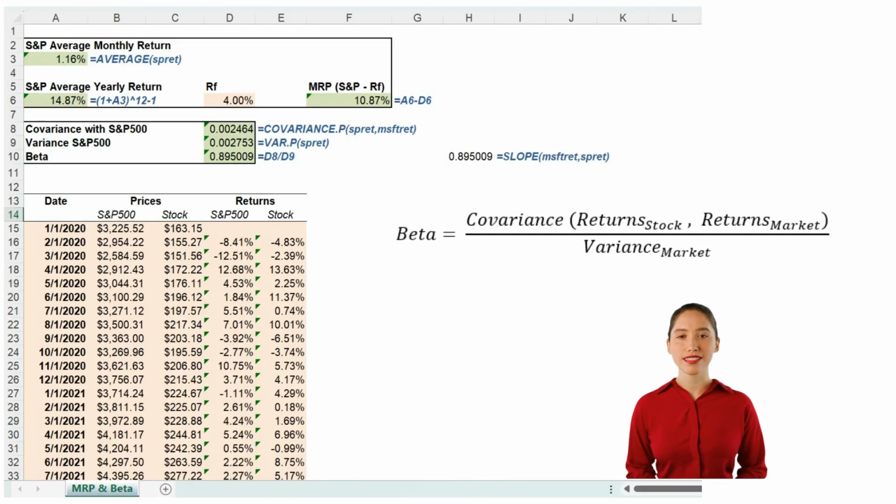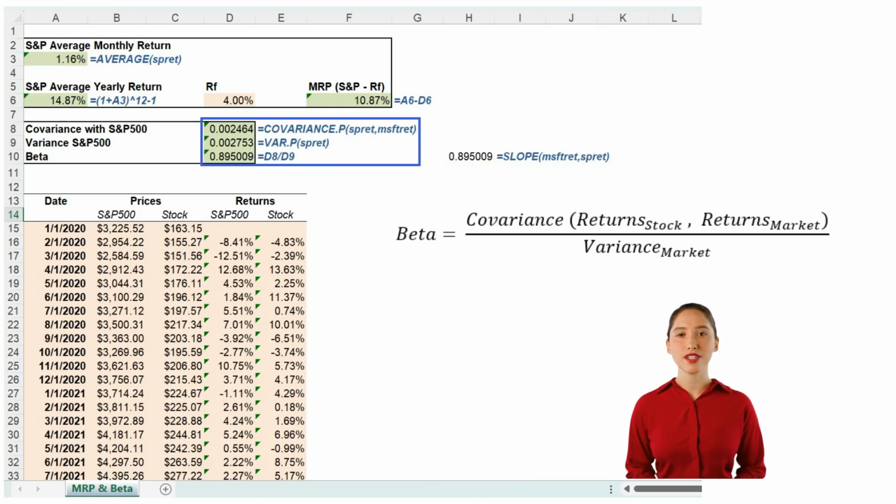A stock's beta is calculated by dividing the covariance between the stock returns and the market returns by the variance of the market returns. Keep in mind that we are using the S&P 500 as the proxy for the market portfolio. Doing so is common practice. In cell D8, you can easily compute the covariance between the stock returns and the market returns using the Excel command COVARIANCE.P.